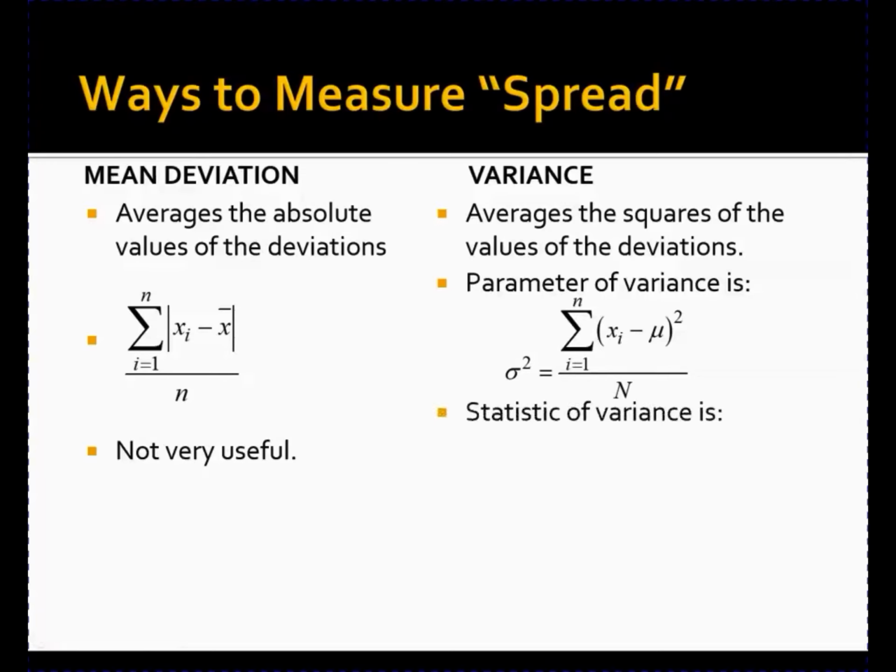Remember we're using mu for the mean, so we have the data value minus mu, squared, over n. Then for the statistic, we use our regular letters: s squared is the sum of all our data values minus the mean, squared, and then we divide by n minus 1, one less than how many data values we have, and that is called the variance. Just the number.